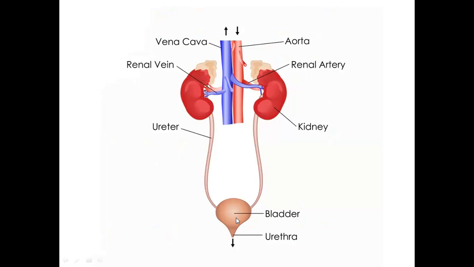The size of the urethra depends on the organism. If it is a female body, the urethra is smaller; if it is a male body, the urethra is larger. In the kidney, there is a structural and functional unit named the nephron. Nephron is the structural and functional unit of the kidney, and there are a number of nephrons in the kidney.